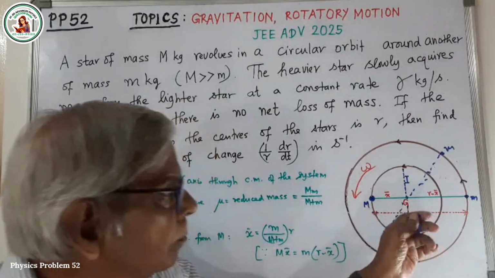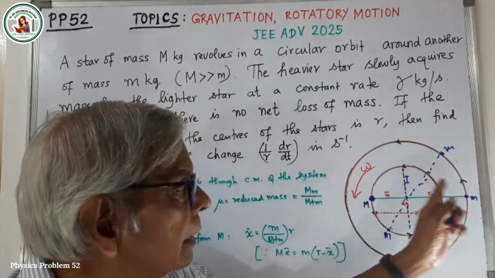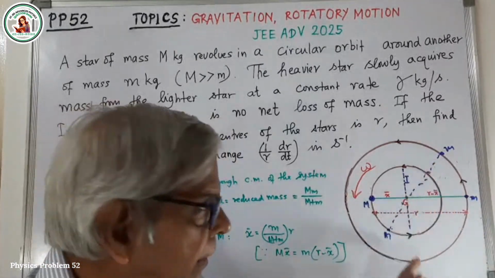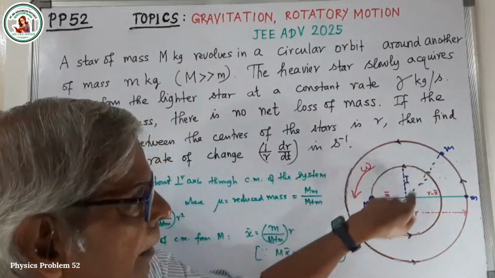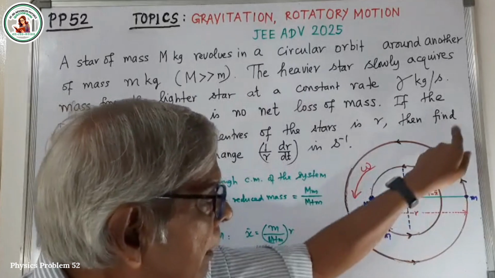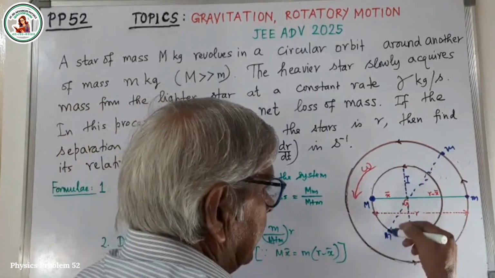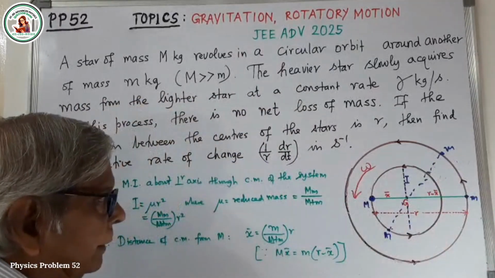In this process, the distance between the stars will change. Center of mass also will change. So you can assume for a small angular displacement, center of mass you can take as the same, but the instantaneous position will be making the same straight line with the center of mass.